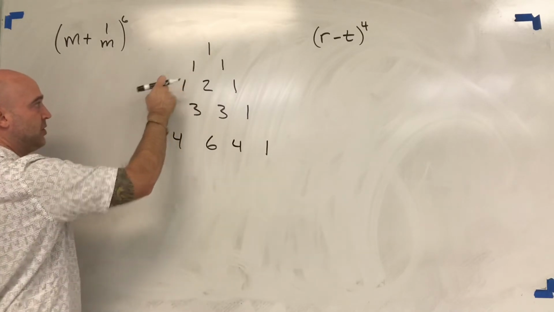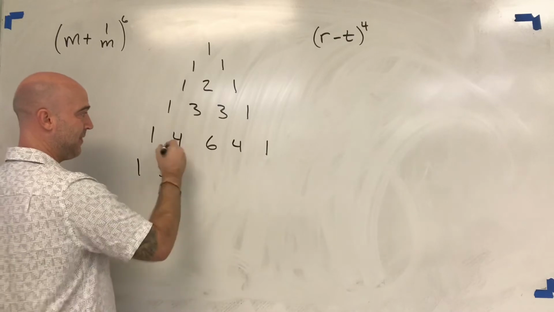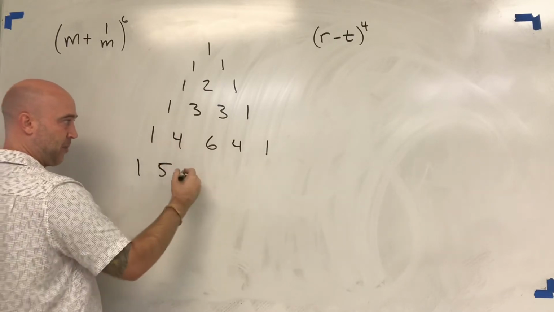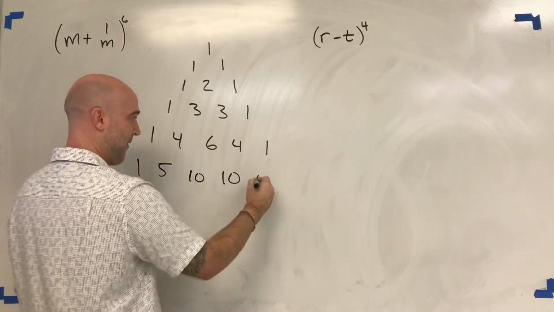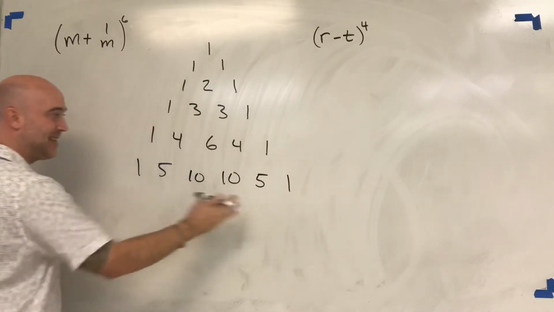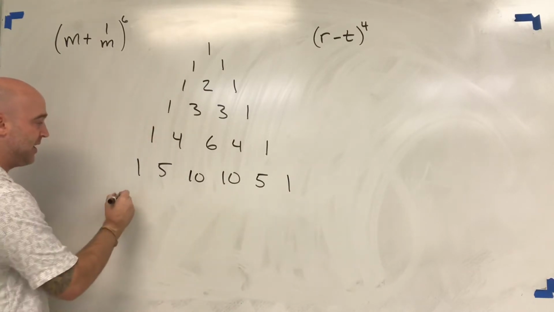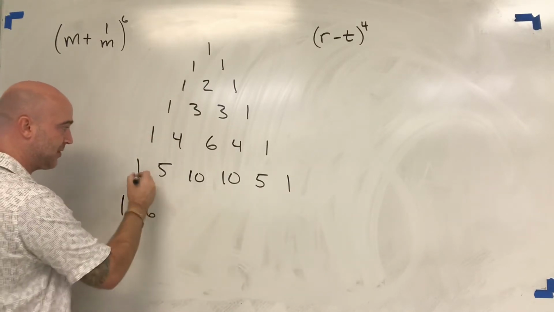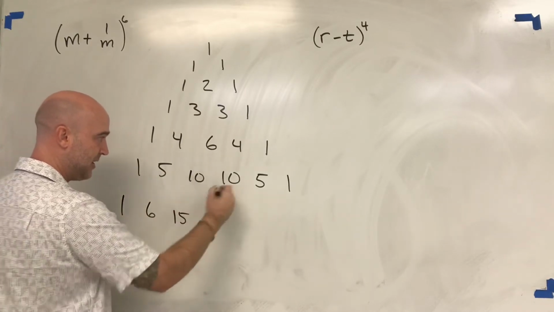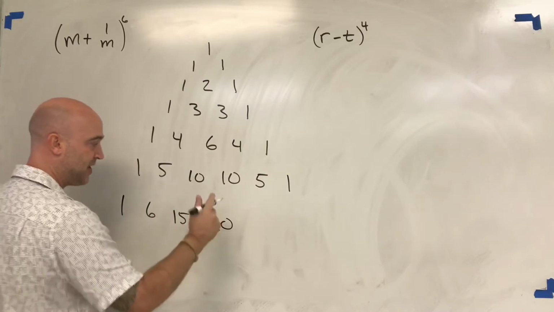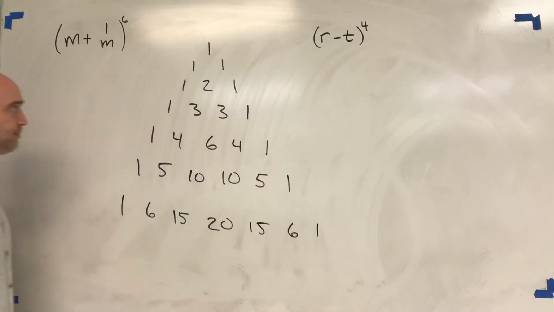That's a 5, 1 plus 4 is 5, 4 plus 6 is 10, 10, 5, 1, and it has that symmetry, so once you get to the halfway point, it's symmetrical on the other side. 1, 6, 1 plus 5 is 6, 5 plus 10 is 15, 10 plus 10 is 20. There's that symmetry, so it's a 15, a 6, and a 1.